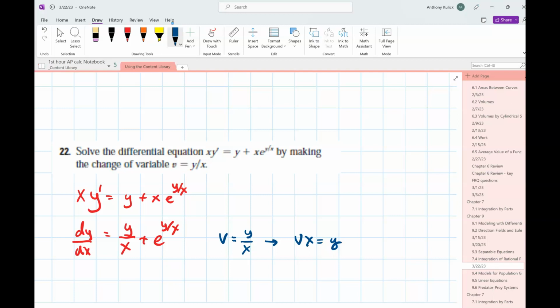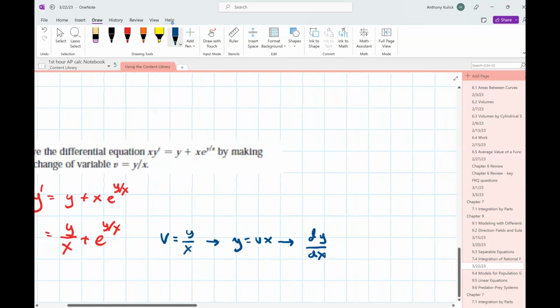So if I took the derivative of both sides of this with respect to x, that would give me a dy dx on the left-hand side, right? But to do the right-hand side, what am I going to need to use? Product rule.